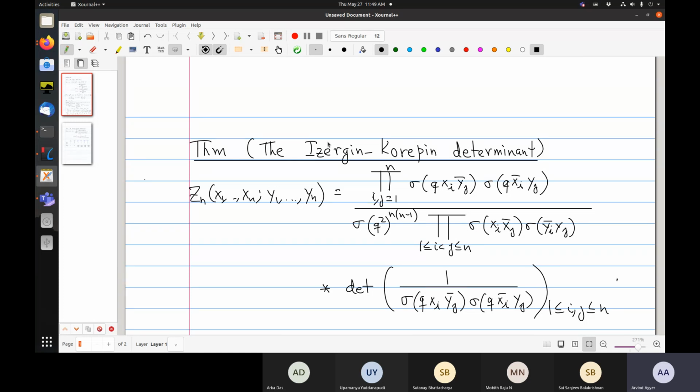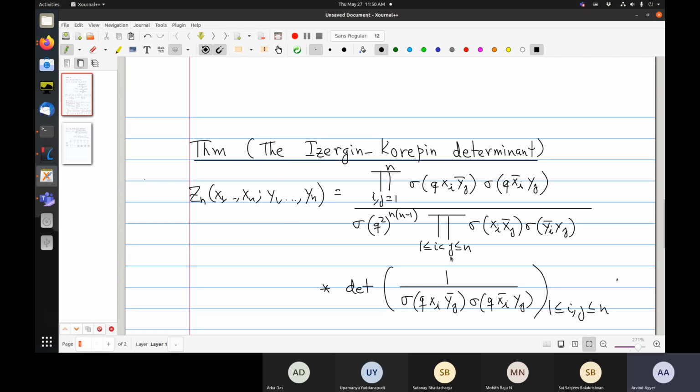So one thing which I did not stress, but I should have, is that you would have noticed immediately that this Zn is a symmetric function of the xi's and of the yj's because of the determinant formula.